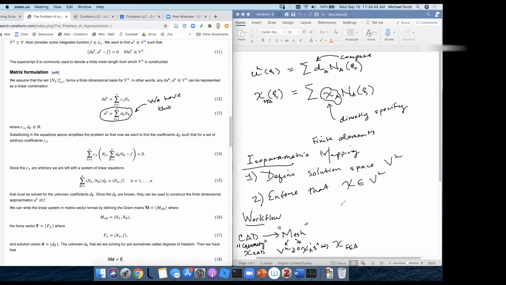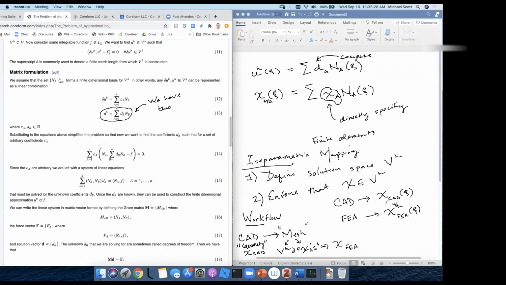So CAD actually gives us a function X of CAD. That's in CAD. And then FEA gives us another geometry. Okay, what Lindsay is pointing out is that they are not equal, right?